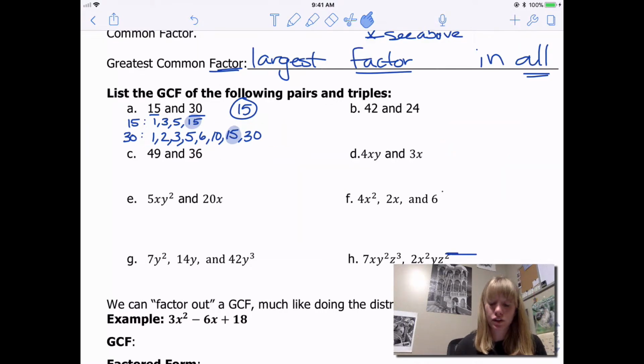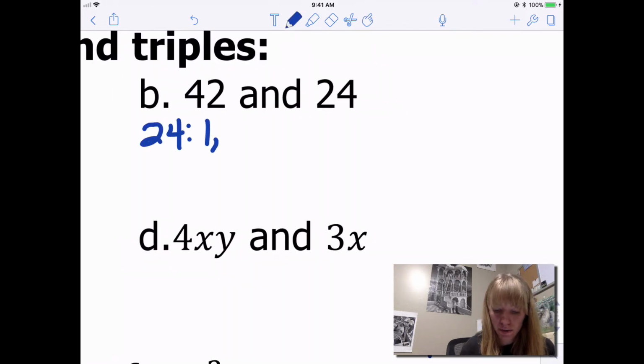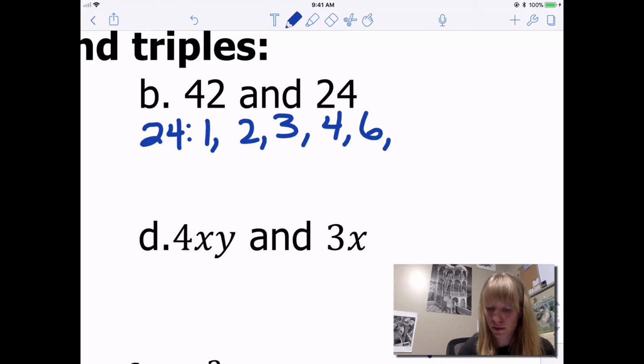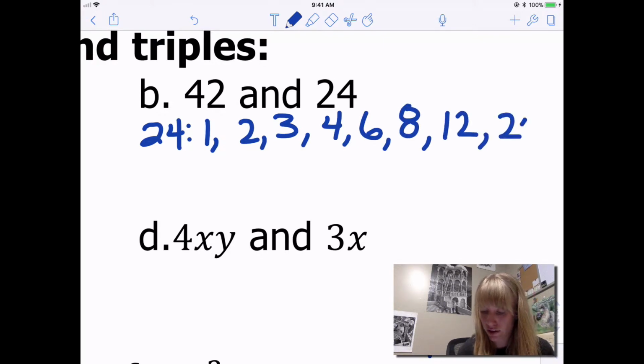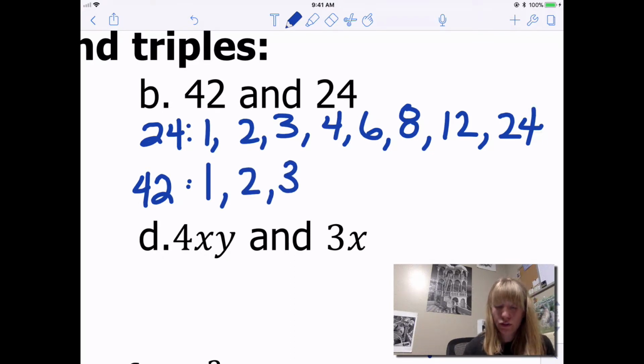I'll try B, and then you try C. So for 24, we've got 1 times 24, 2 times 12, 3 times 8, 4 times 6, 6 times 4, 8 times 3, 12 times 2, and 24 times 1. And for 42, I've got 1 times 42, 2 times 21, 3 times 14.